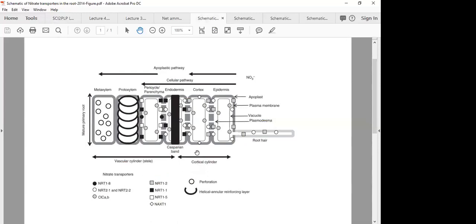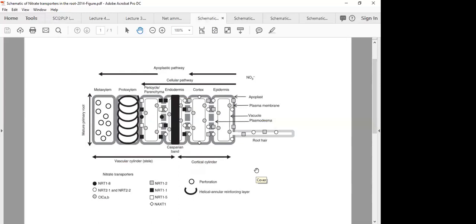Don't worry about the names. The point of this slide is that there are specific nitrate transporters localized to specific cell types, and they all work together in transporting these particular nutrients from one cell to the next, and then finally in the loading of the nitrates, as you can see here, into the actual xylem itself.